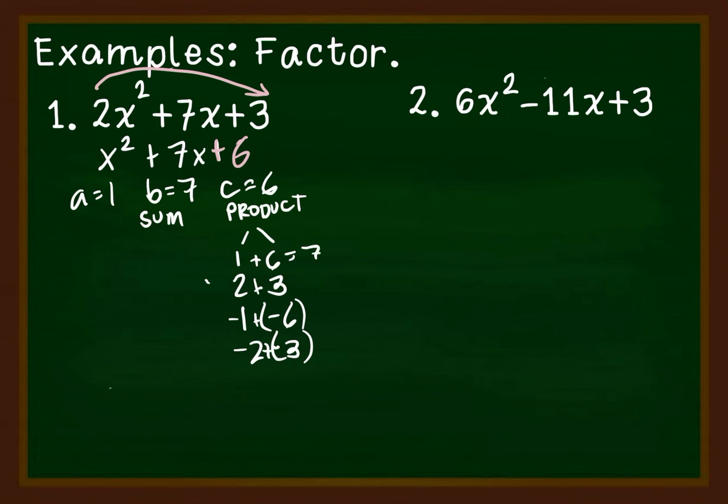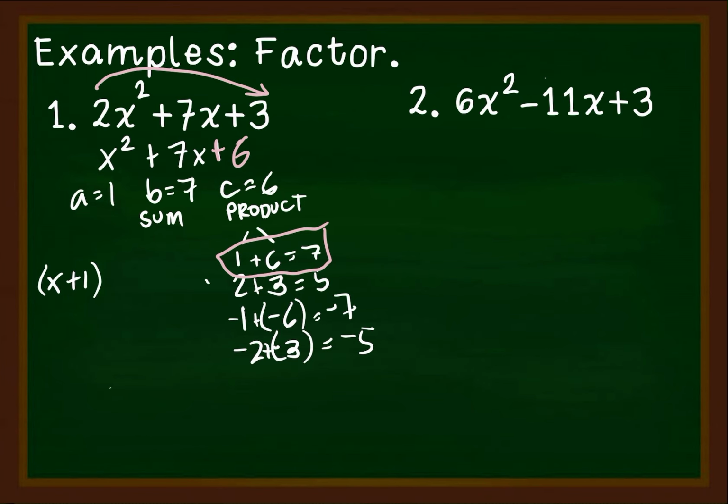One plus 6 is 7, 2 plus 3 is 5, negative 1 plus negative 6 is negative 7, and then negative 2, negative 3, okay, is negative 5. Alin dito ang equal sa b? Alright, tama. Ito ay ang 1 plus 6. So, we are going to write x plus 1 times x plus 6.